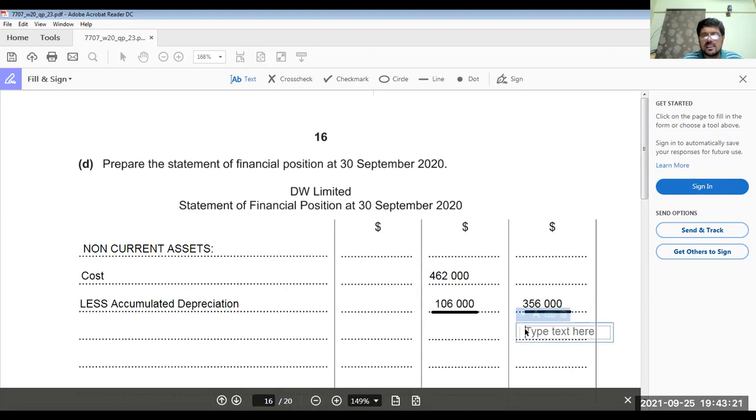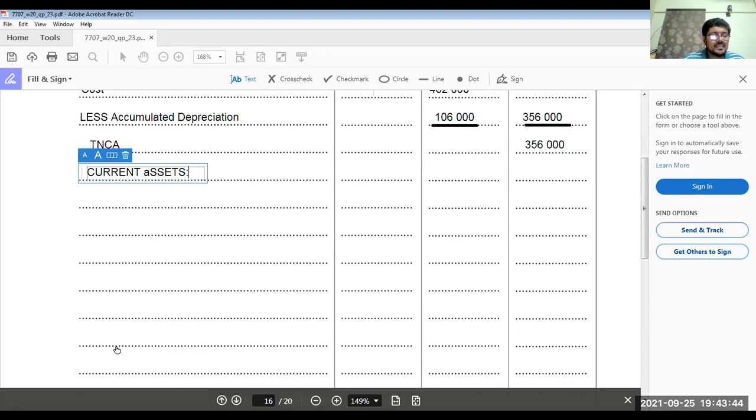So your total non-current asset, because there is no other non-current asset, so 356,000 is actually your total non-current asset. Okay. Now come to heading current assets.